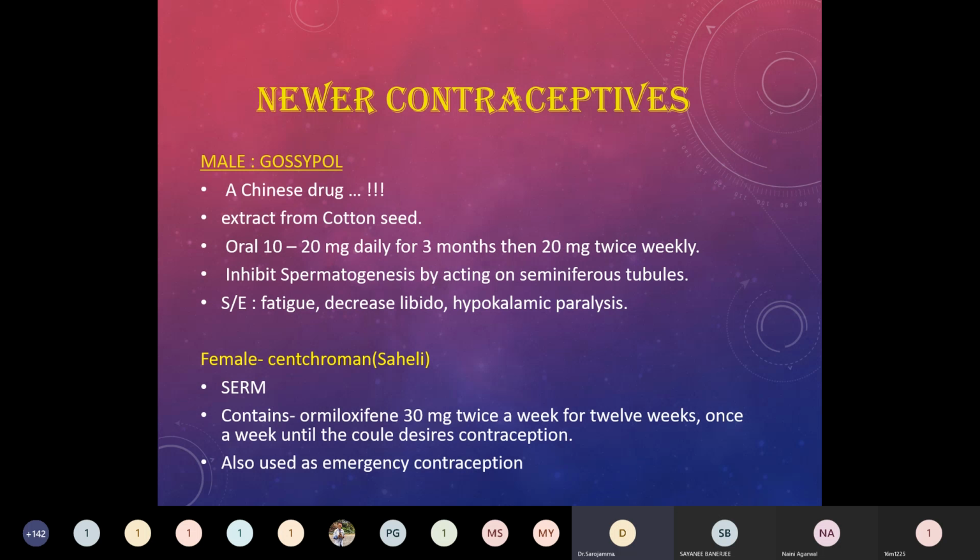This inhibits spermatogenesis by acting on seminiferous tubules, and side effects are fatigue, decreased libido, hypokalemic paralysis. So it is not very popularly used by men. Female newer tablets available are Saheli or Centchroman. It is a selective estrogen receptor modulator.